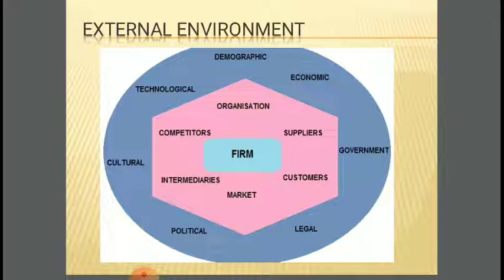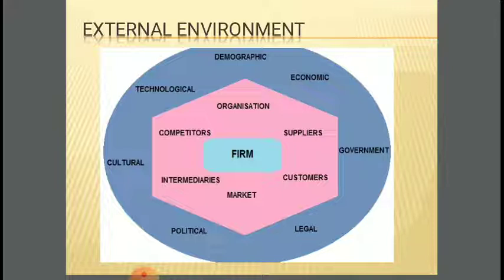Now, if you change the comparison to this pink circle and blue circle, then supplier and customer will be a small environment and this demographic economic government will be a big environment. So, supplier and customer will collectively be known as external micro environment, whereas demographic economic government like that environment will be known as external macro environment.